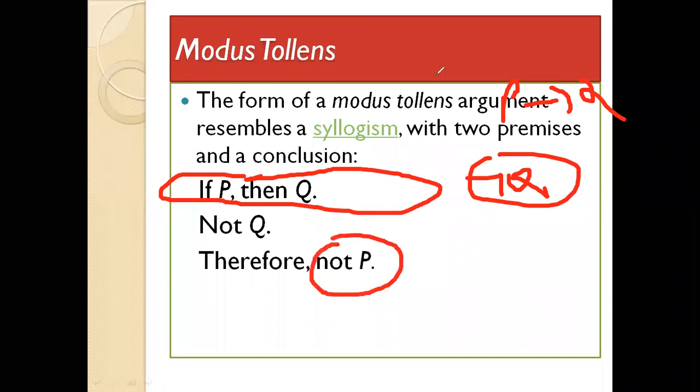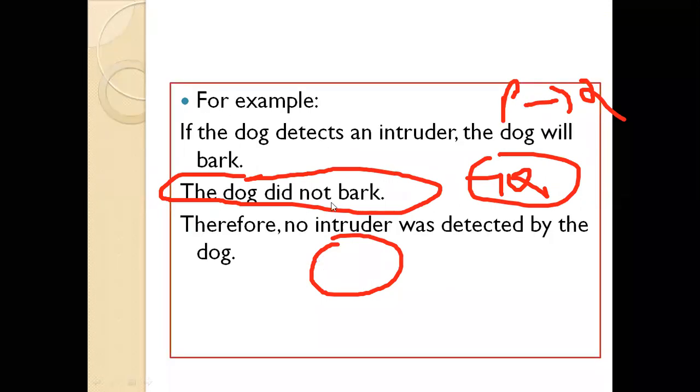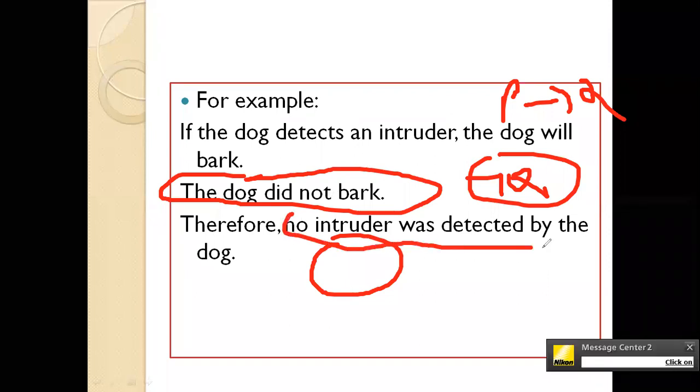So if you try to resample this with this example, then what would happen? See, the dog did not bark, that is negation of Q. So we can say the dog did not detect an intruder, right? So this means, therefore, no intruder was detected by the dog.